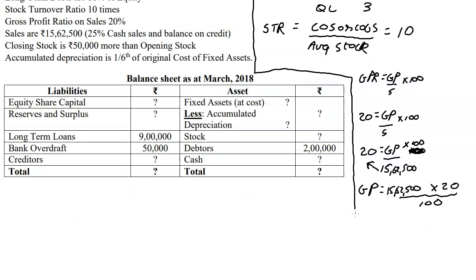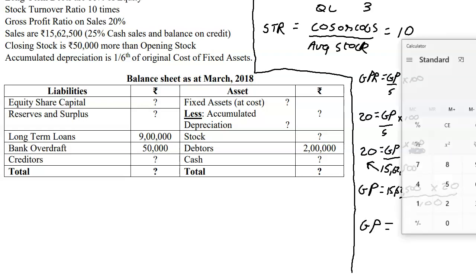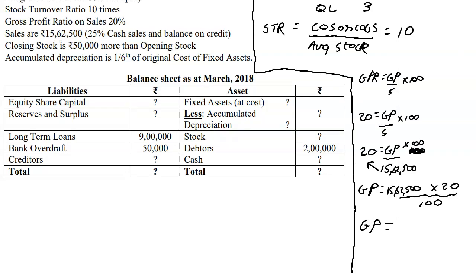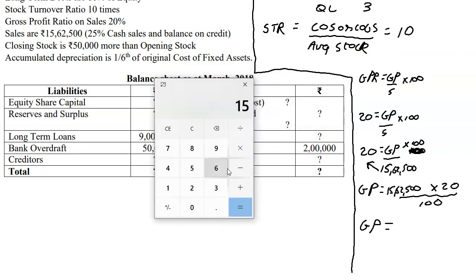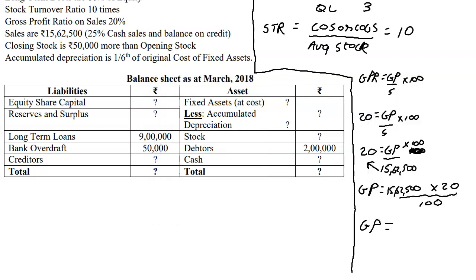So gross profit will equal 15,62,500 into 20 by 100. And so we end up with 3,12,500.